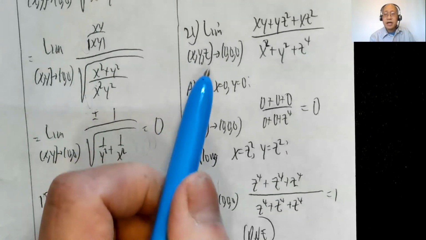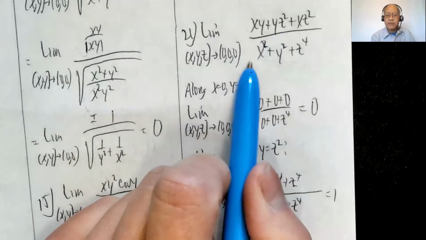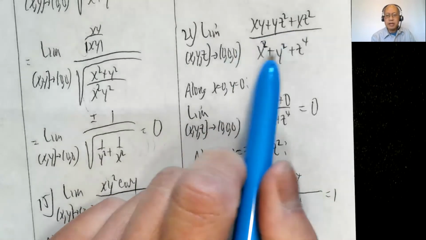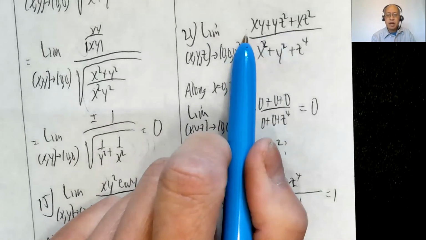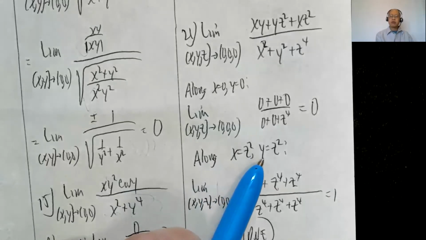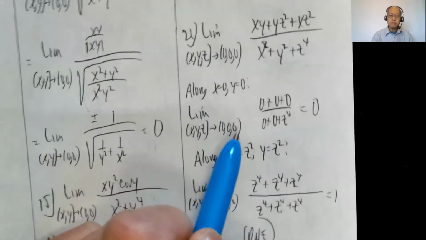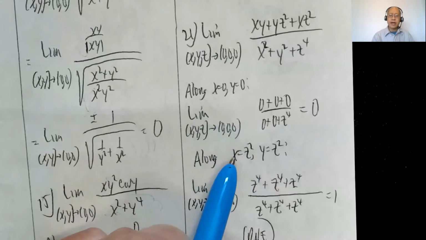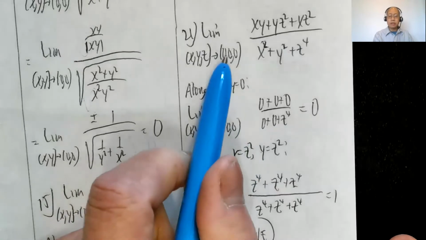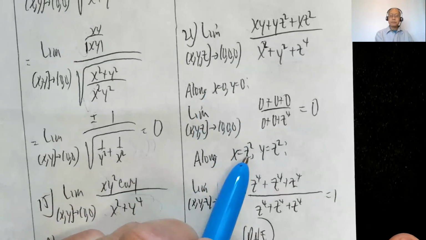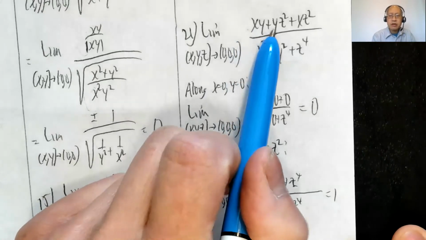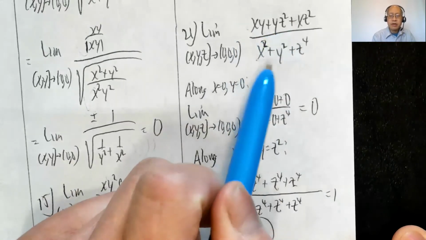And then, again, noticing what I have here, I see the highest power was z to the 4th. I want to force all of these to be z to the 4th. I can do that if I come along x equals z squared and y equals z squared. So I'm going to approach the origin in a strange fashion. If both of those are satisfied, I do come in to the origin, right? So put a z squared here, here, here, here, here, and here.